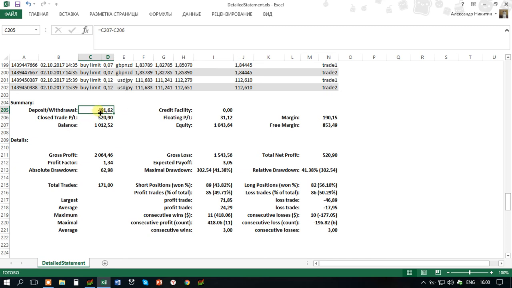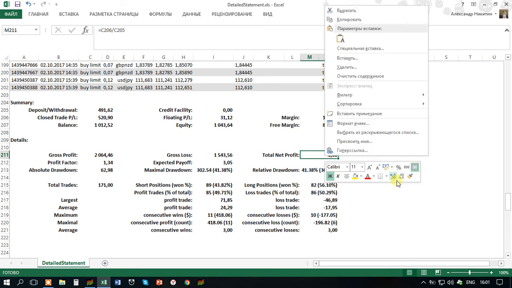That was the initial deposit that I'm calculating from. Let's calculate the total net profit in percentages. It equals what I have generated divided by what I have started from. So it is 100%.